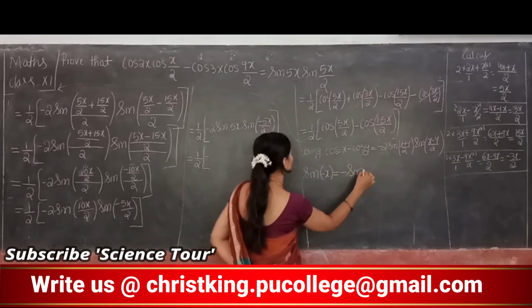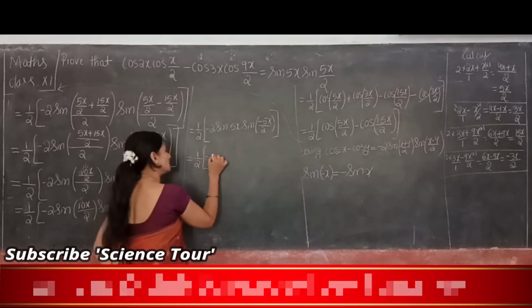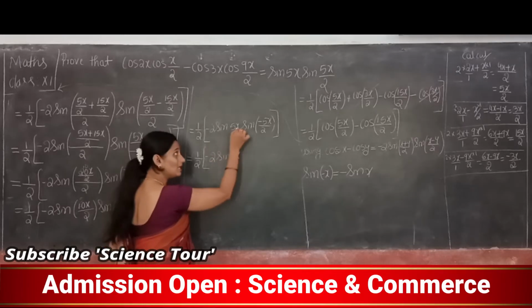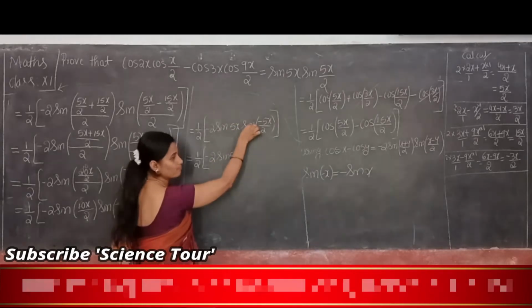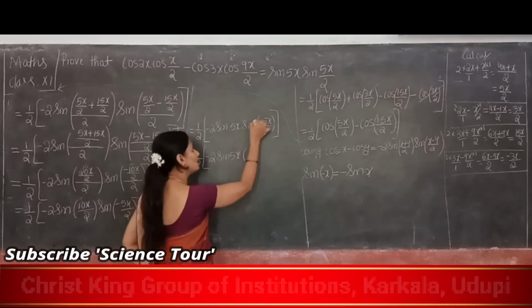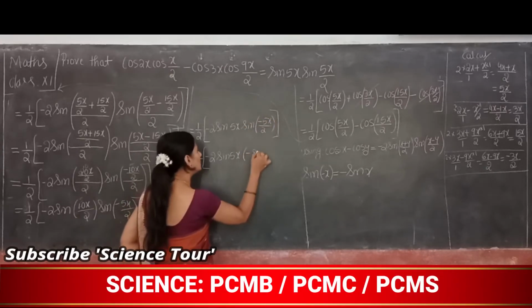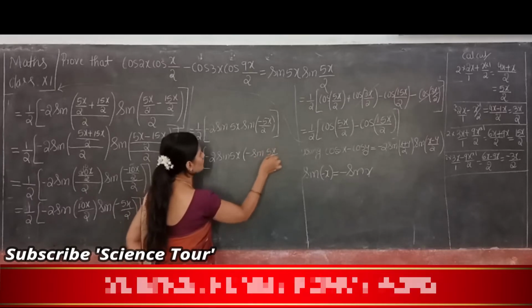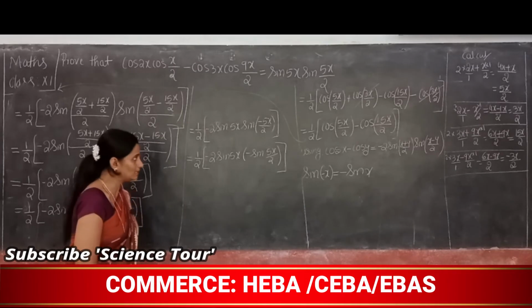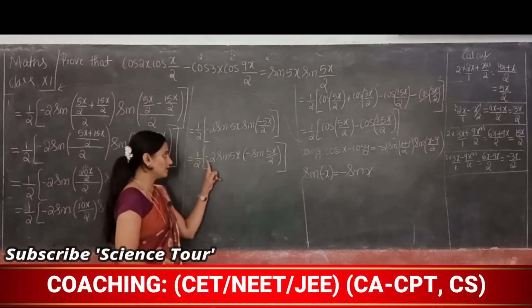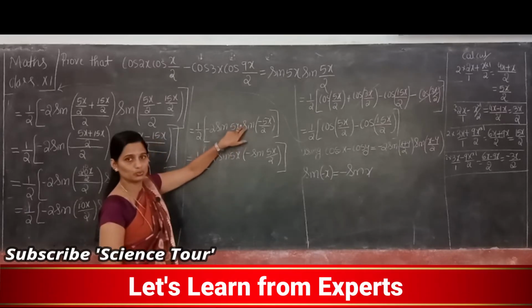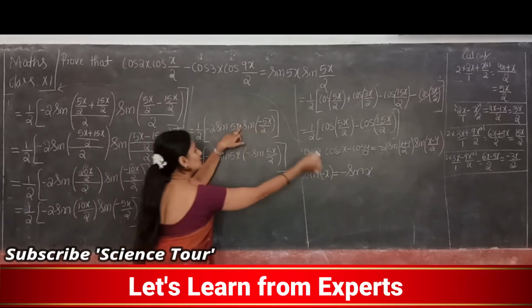Minus sin x. So now this changes as 2 sin 5x into, bracket, sin of minus is minus sin 5x divided by 2, close this bracket. Clear? Clear, no?